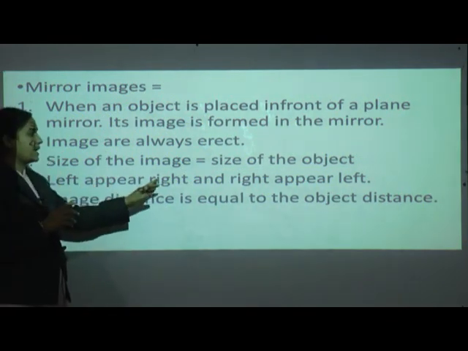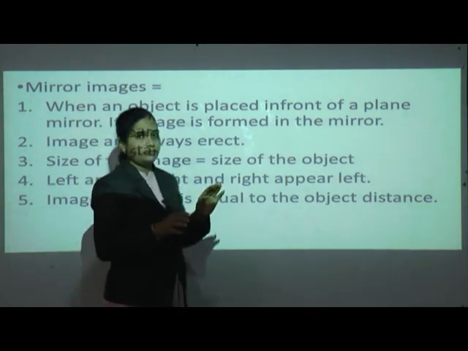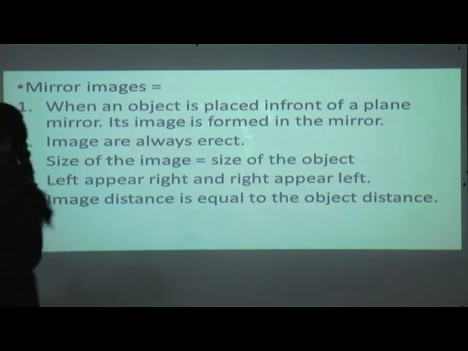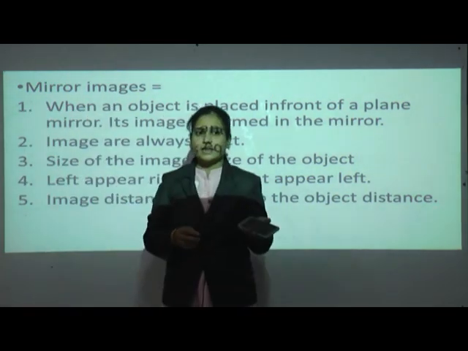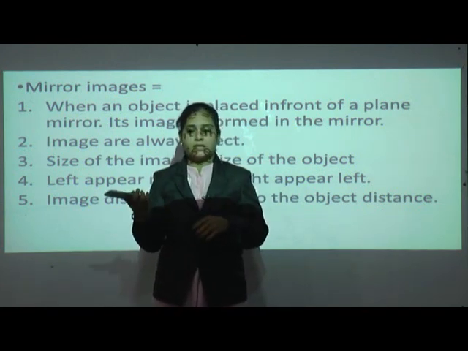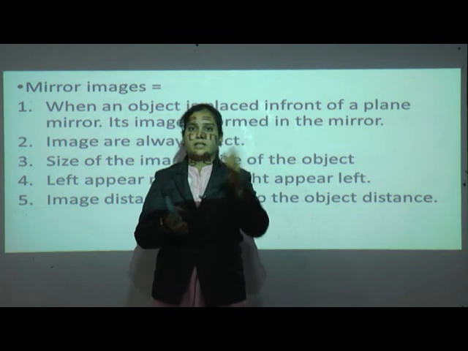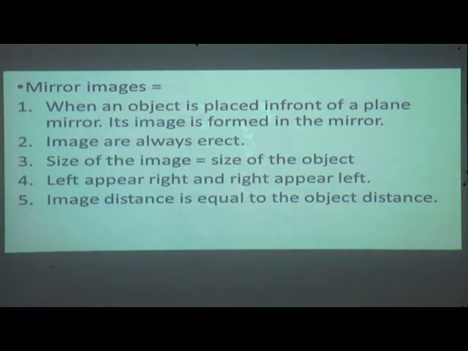Left appears right and right appears left. That means if you are holding this phone in your left hand, in the mirror you will see it in your right hand, like this. If it is in the right hand, you will see it in the left hand. Image distance is equal to the object distance.